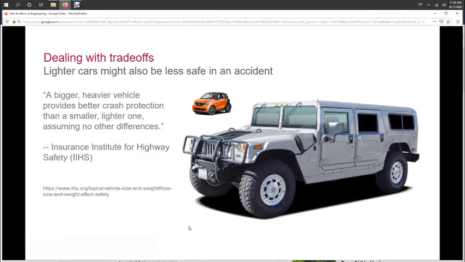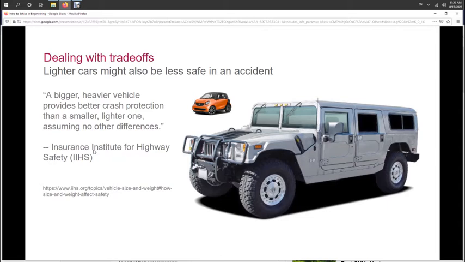Another trade-off of lighter cars is that they may be less safe in an accident. This is an extreme example. I have a little smart car here, and this is a full-size Humvee.